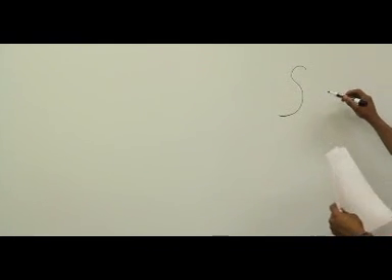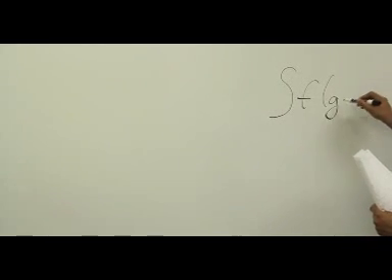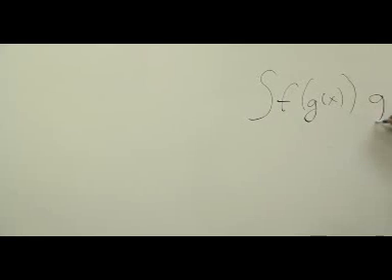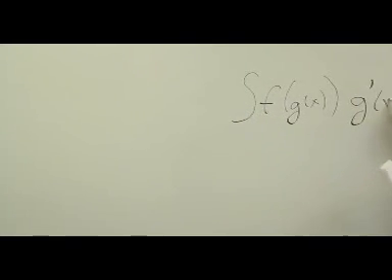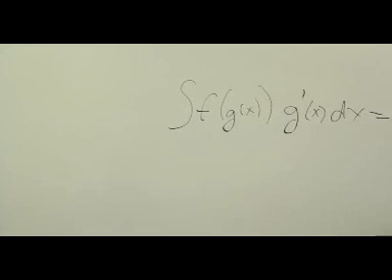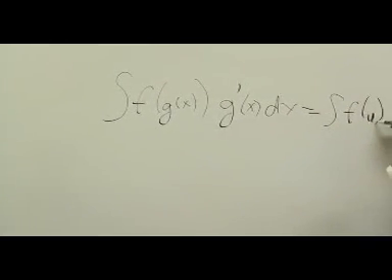Now u substitution is the chain rule reversed. And here we go: the integral of f(g(x)) times g'(x) dx equals the integral of f(u) du.